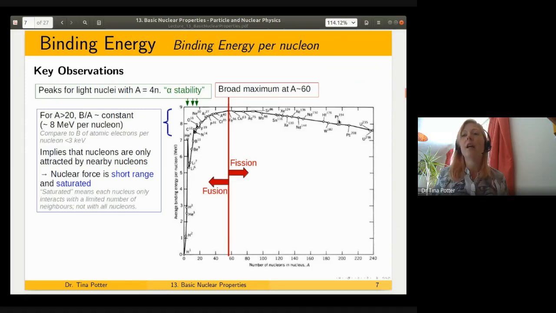These nuclei actually split up into lighter nuclei to try and increase their binding energy. Whereas for fusion, the lighter nuclei will try and bind together into heavier nuclei as well to increase their binding energy per nucleon. So it defines when fusion and when fission will happen naturally.